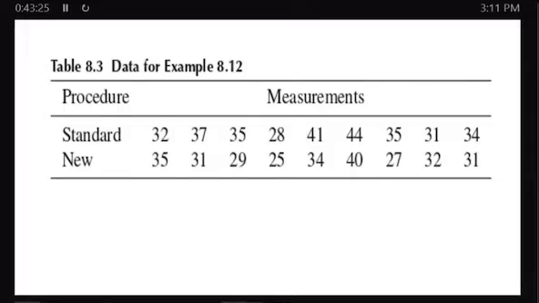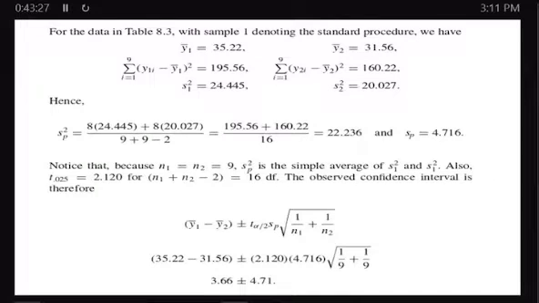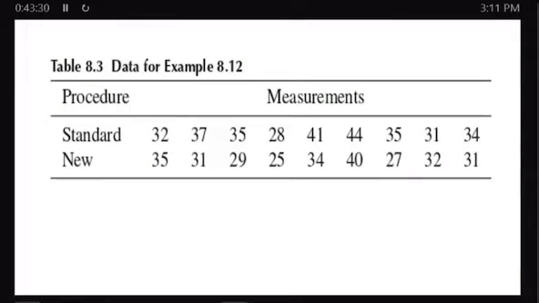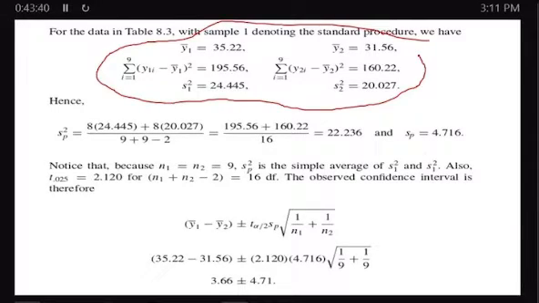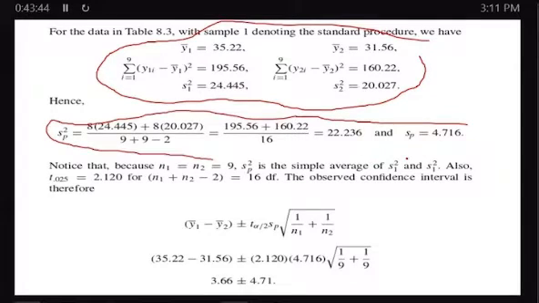Now let's take a look at this guy. You're going to compute the mean of the first one, the mean of the second one, the sample standard deviation, and the standard deviation of the other one. Take a look. That is what I'm actually doing here. You see all of that? Then we're going to compute the pooled variance and the pooled standard deviation.